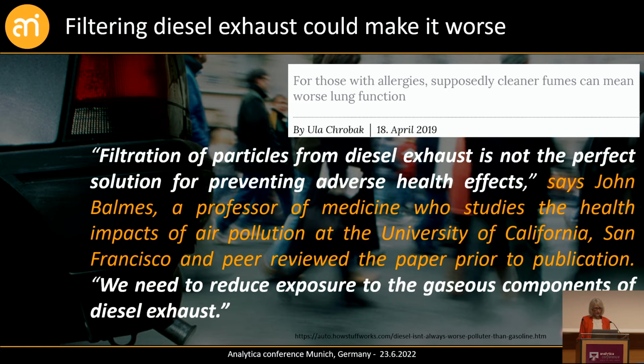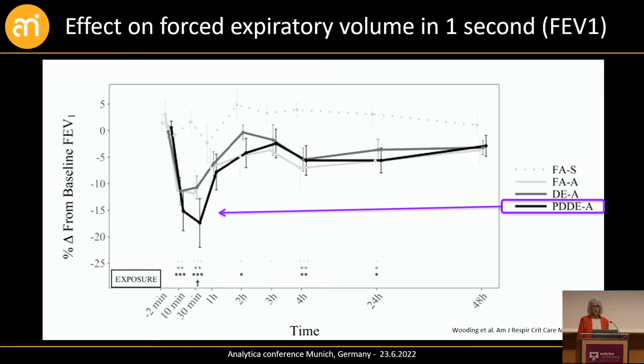And how did they assess it? I just show one example. So they measured the expiratory volume. So if you do a lung test, you are forced to exhale, and this is the volume that you measure. And this is a parameter of your lung health. And what they have seen here, this is the dark black.